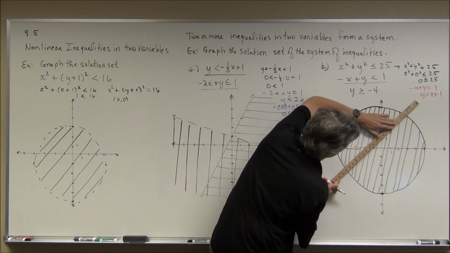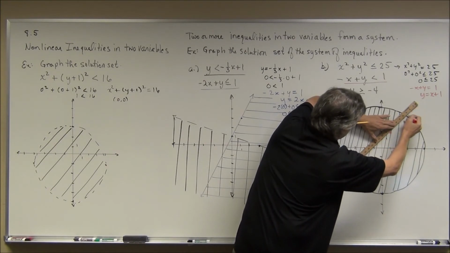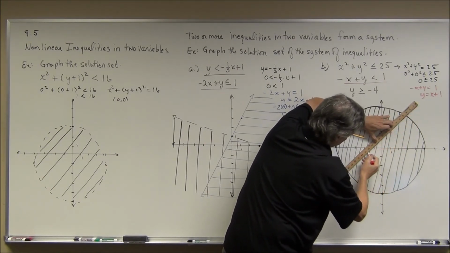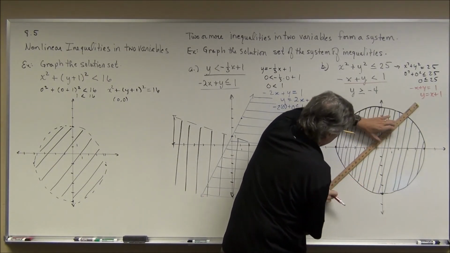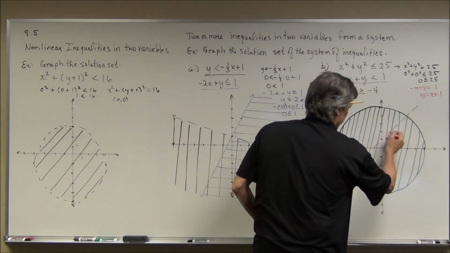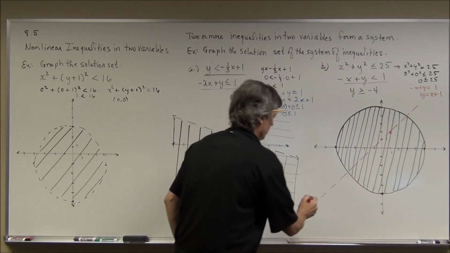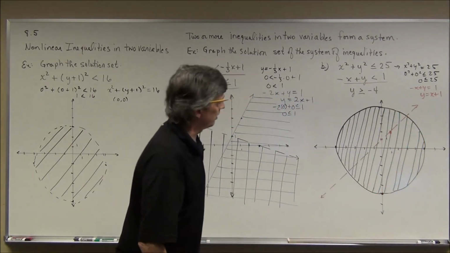Not very well drawn. Sorry about that. And this is dotted. Oh, I think I missed. Yeah, I missed a little bit there. Kind of use a little bit of the marker there to fill that in.